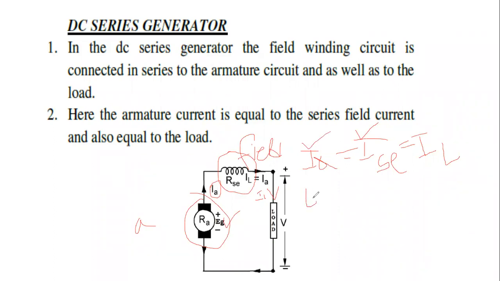Next, coming to the induced EMF, the voltage equation. Apply KVL in this circuit. Therefore EG is equal to V plus IARA plus ISC RSC. Here ISC is the series current and IL is the load current.